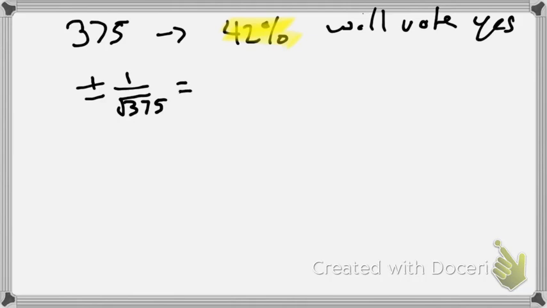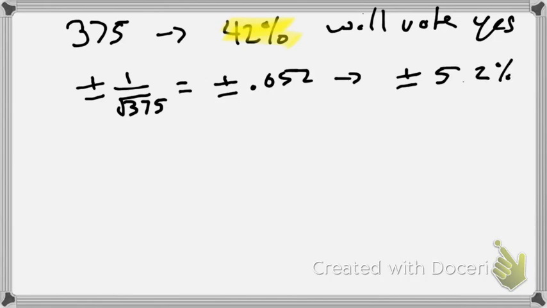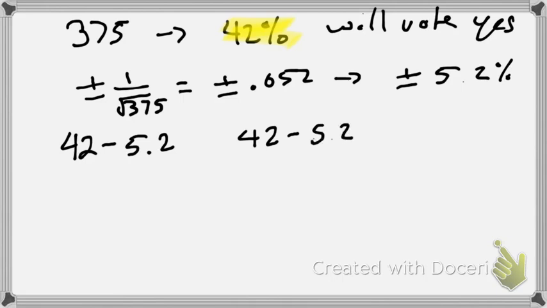And when you type it into your calculator, remember your parentheses, but this is going to be plus or minus 0.052, which means the same thing when we convert this to a percentage, it's going to be plus or minus 5.2%. So I'm going to take 42 minus 5.2, or plus 5.2.